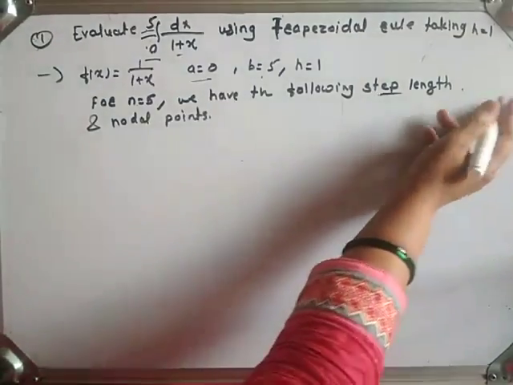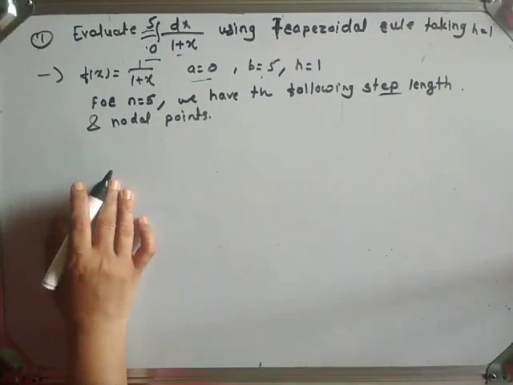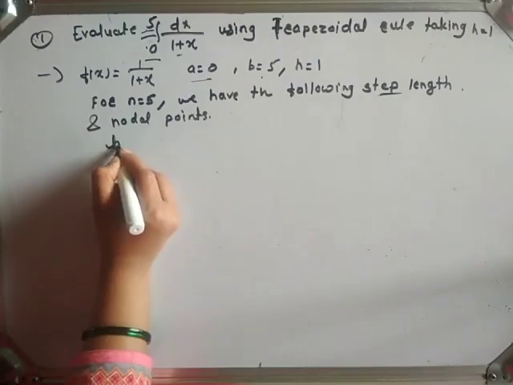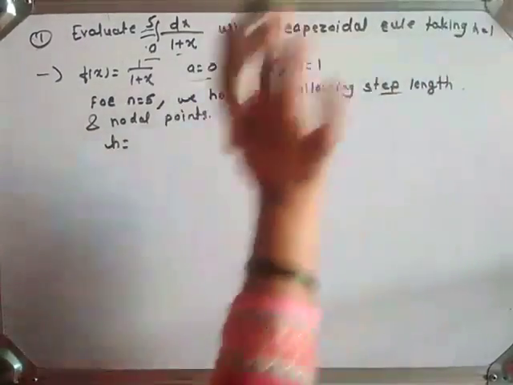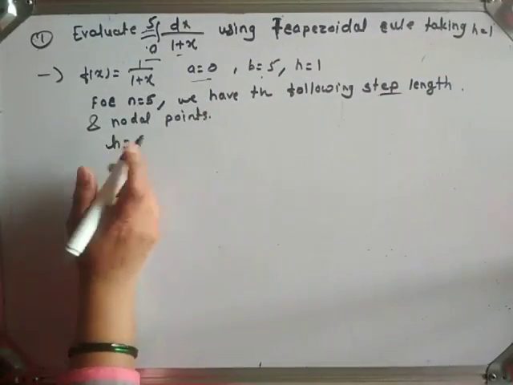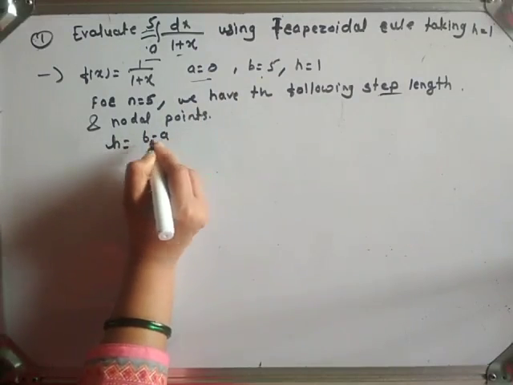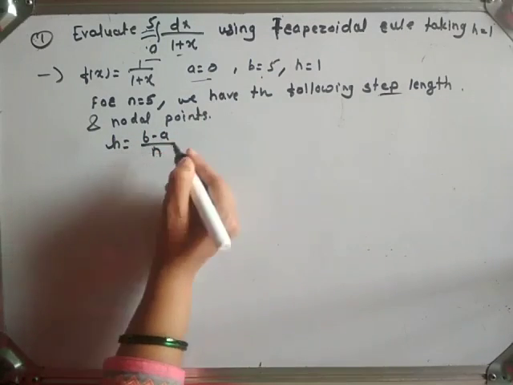Step length means interval of difference. If h is not given, then you can use the formula (b minus a) upon n.